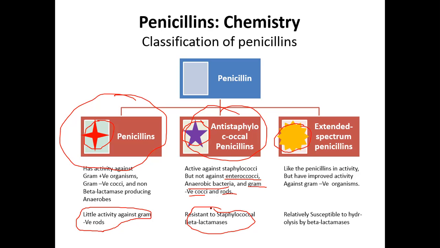While the other penicillins, including the extended spectrum penicillins, will not be able to treat staphylococcal infections where the staphylococci are producing these beta-lactamases. These penicillins will not work. Penicillin G will not work.